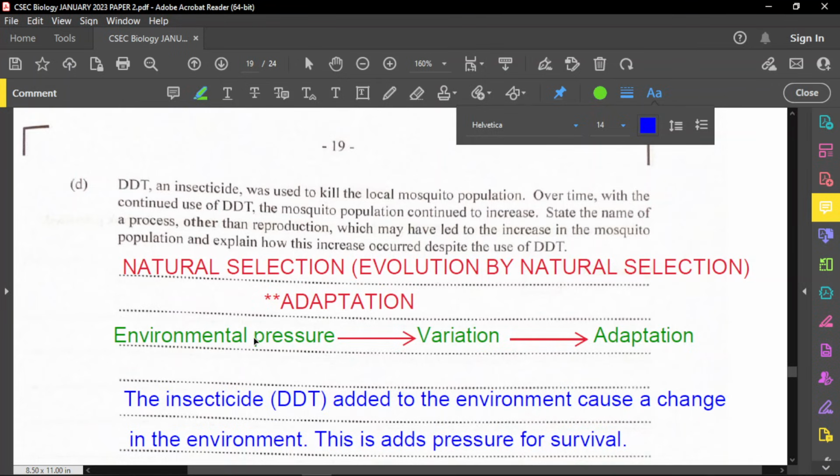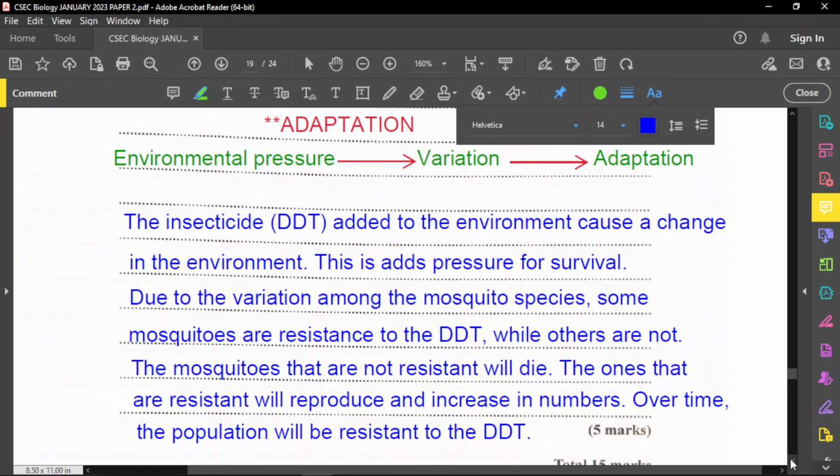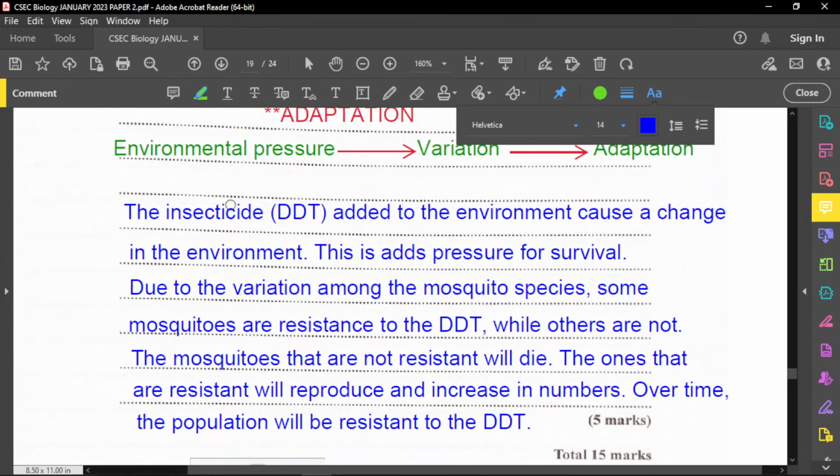What you have here is environmental pressure, and due to variation, the mosquitoes will adapt. In terms of explanation, the insecticide, DDT, added to the environment causes a change in the environment. This adds pressure to the survival of the mosquitoes.